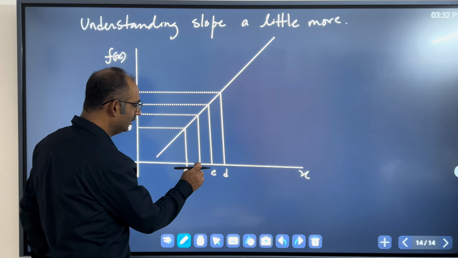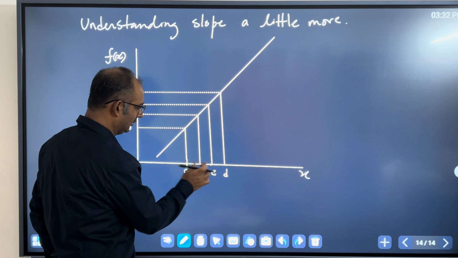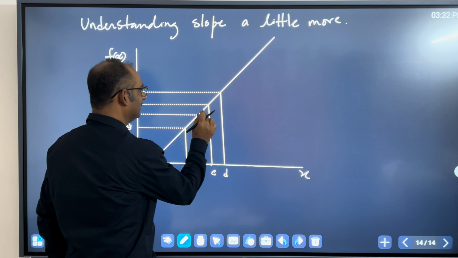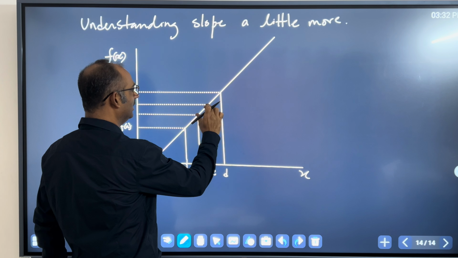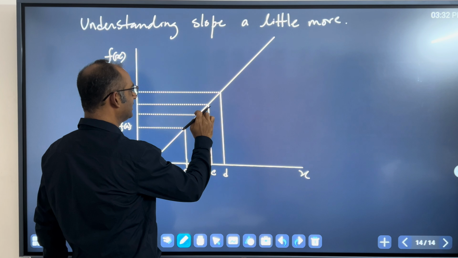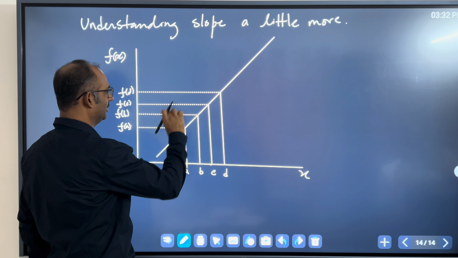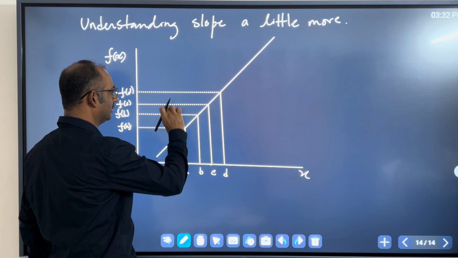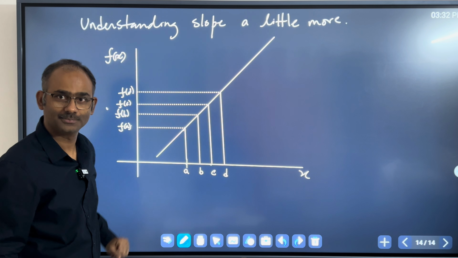When you go from here to there by an equal amount, meaning as it was AB, the difference in this height and that height, f(C) minus f(B), you should see that these are equal. In this picture it's not looking good because there are errors, but this height is the same as that height.